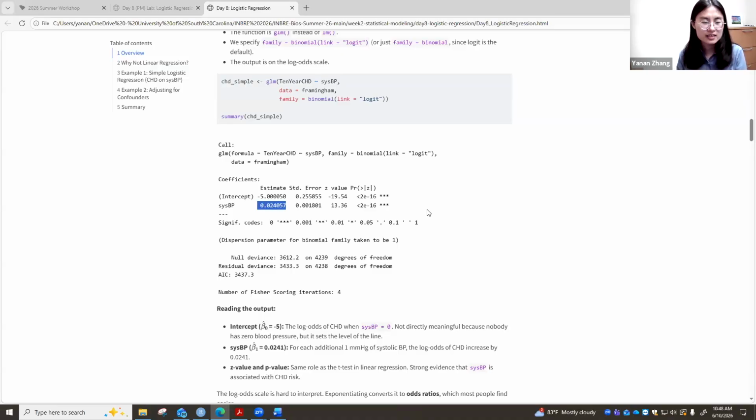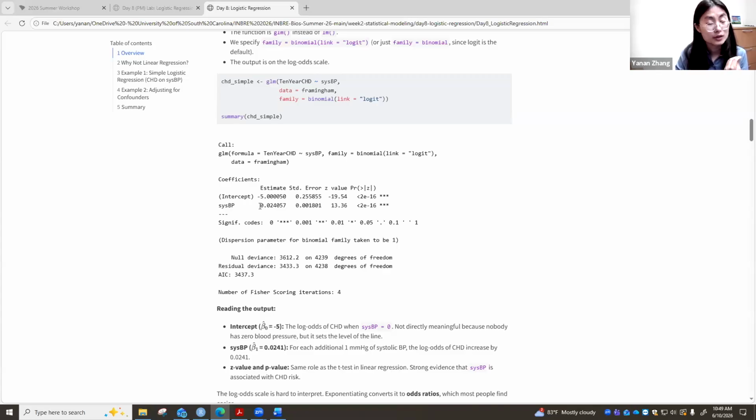If the systolic blood pressure increases by 1 millimeter of mercury, the log odds of developing coronary heart disease increase by 0.024. And since we have a very small p-value, extremely small, it's statistically significant, or we can say there's a positive relationship.